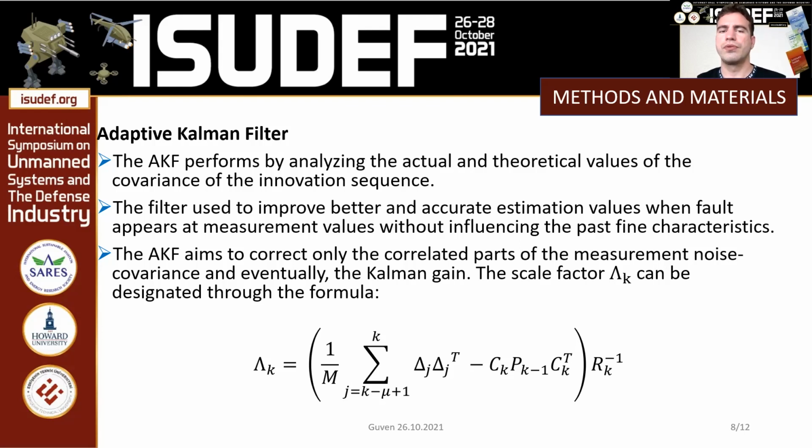This filter is used to get much better performance and accurate estimation values when a fault appears at measurement channels, without influencing the past fine characteristics. It aims to correct only the correlated parts, not all parts, of the measurement noise covariance, and eventually the Kalman gain.